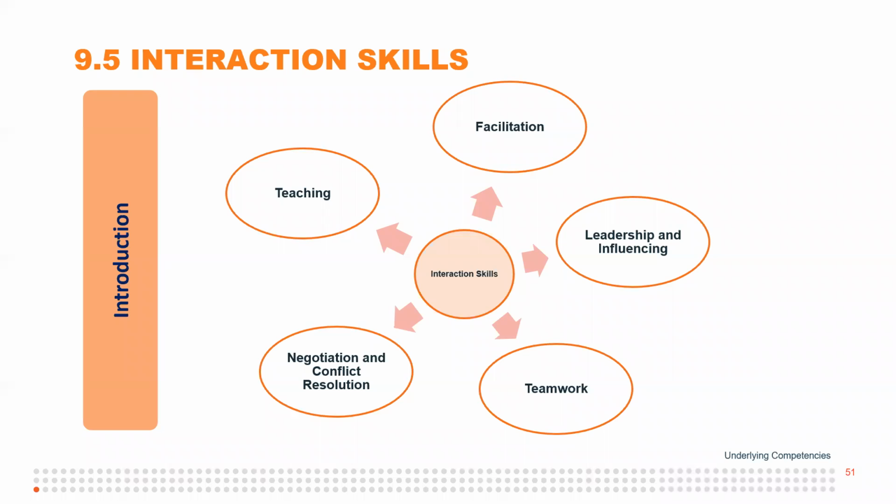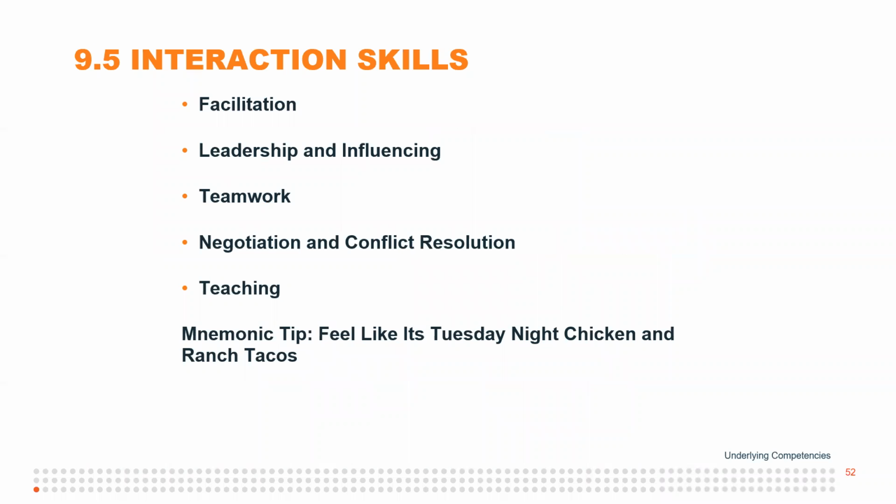There's another mnemonic here. So it's F from facilitation, L and I from leadership and influencing, the T from teamwork, and then NCR from negotiation and conflict resolution, and then the T from teaching. And so the mnemonic tip here is: feel like it's Tuesday night chicken and ranch tacos. I don't know if anybody's had chicken and ranch tacos before. I think I have had them and they were pretty good.